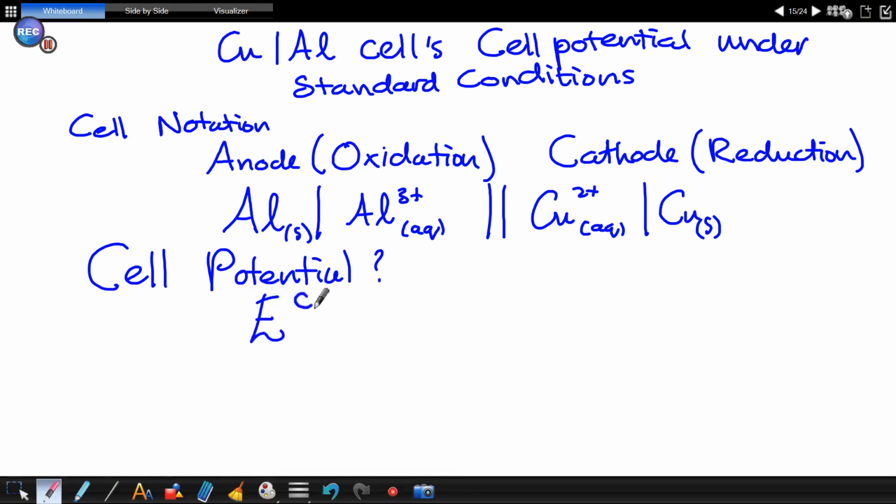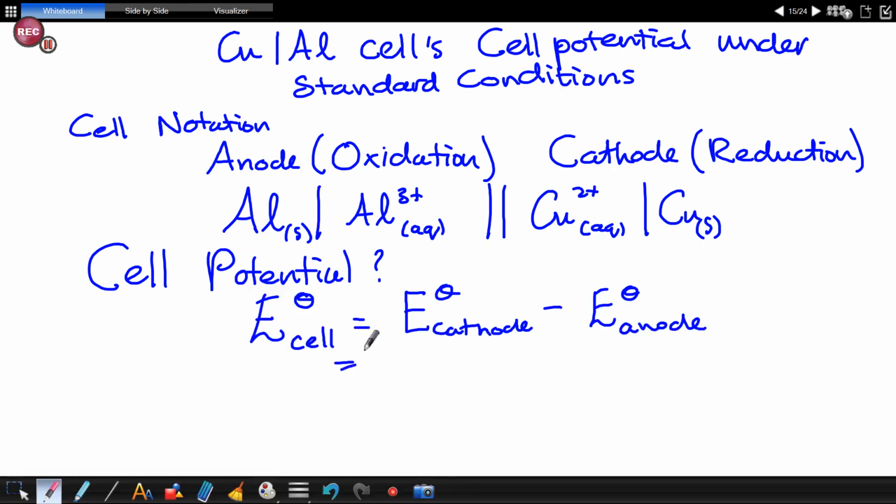E cell. Have you discovered this equation on your data sheet? You'll see, I think there are 3 equations. I'm just used to using this one. Please look on your data sheet and copy the equation as it is. E cell is E cathode minus E anode.